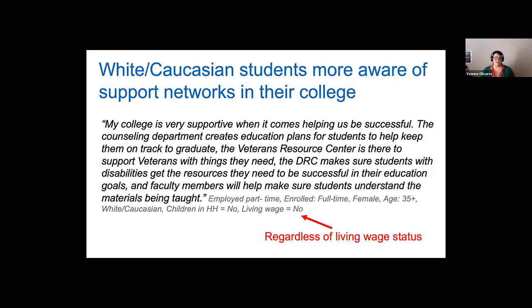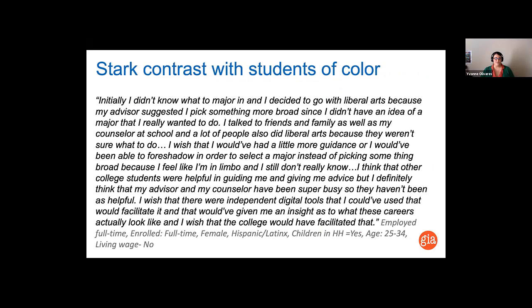The Veteran Resource Center is there to support veterans with things they need. The DRC makes sure students with disabilities get the resources they need in their education goals. And faculty members will make sure students understand the materials being taught." And this was regardless of living wage status, whether students were above or below that living wage. Unfortunately, this was a stark contrast to what we were hearing from students of color.